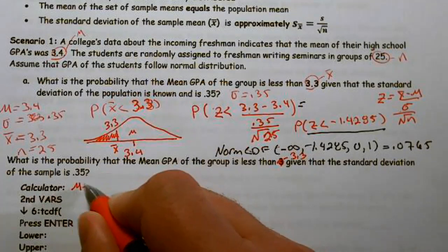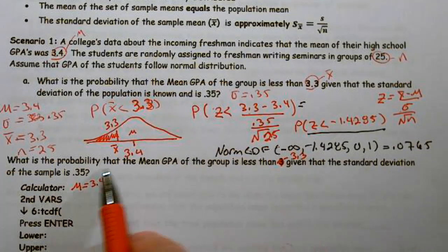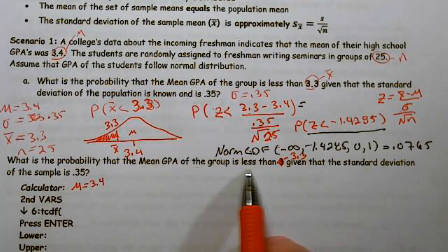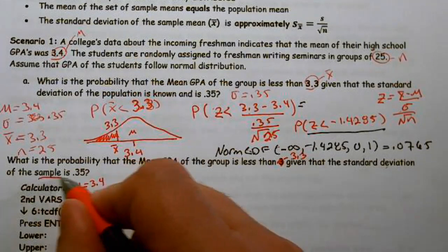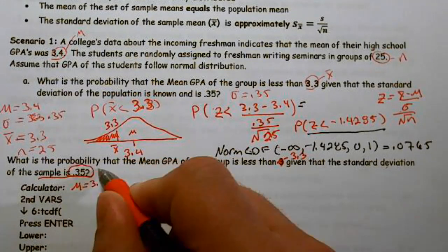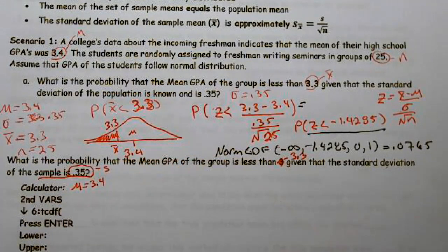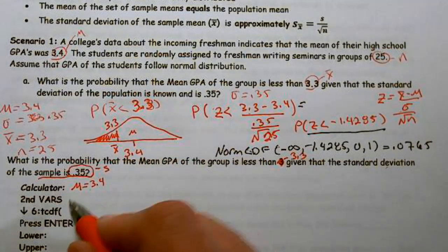Our mean is 3.4. What's the probability the mean GPA of the group is less than 3.3, given that the standard deviation of the sample, because it's of a sample, this is S. So now I'm going to have to change this. My mean is 3.4.